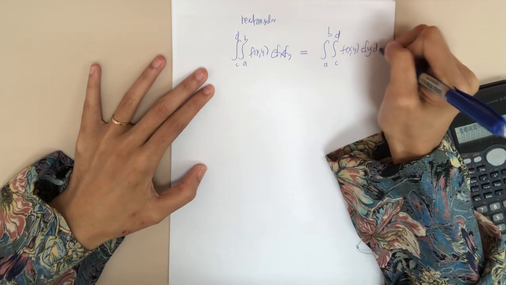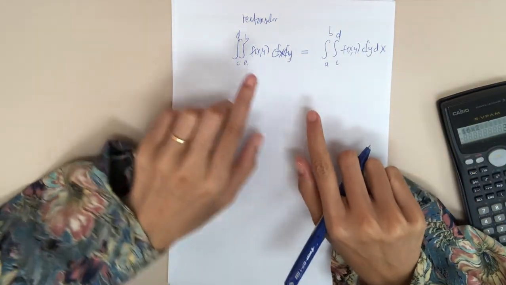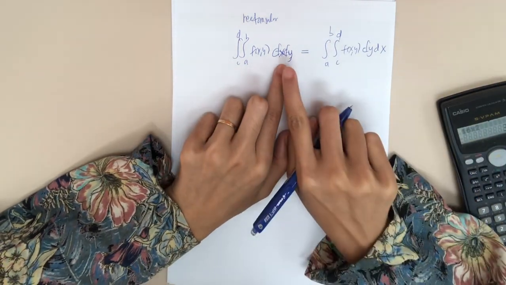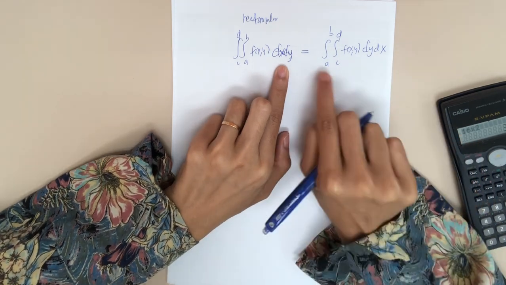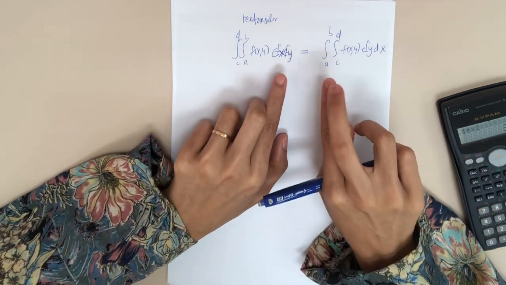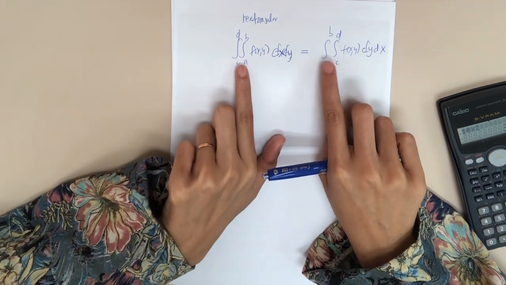This one is dx dy. So that means if you do it for dx dy, it will be the same answer as you solve for dy dx, but make sure the limit is switched as well.